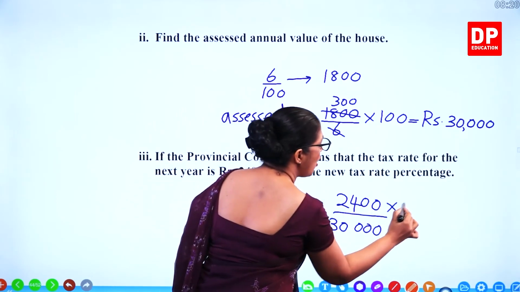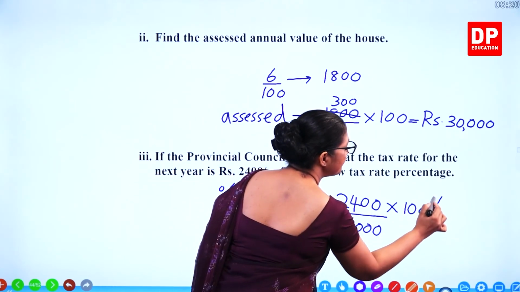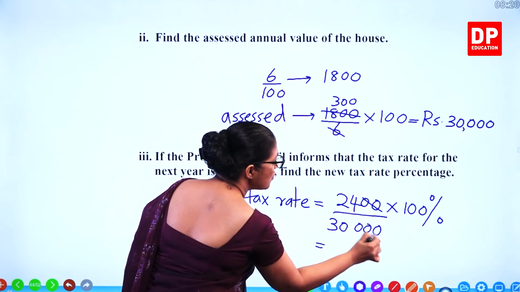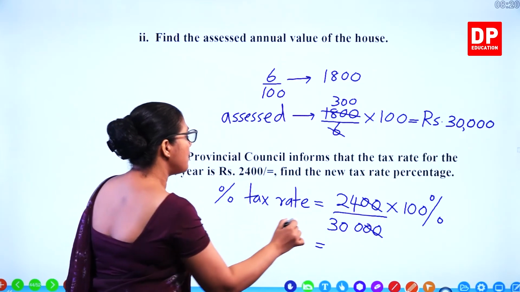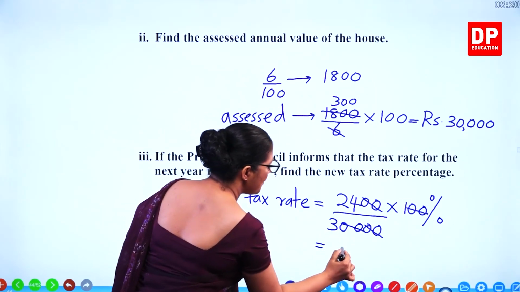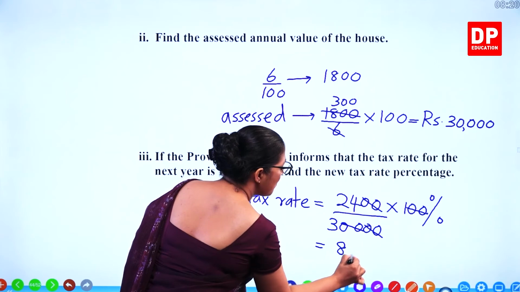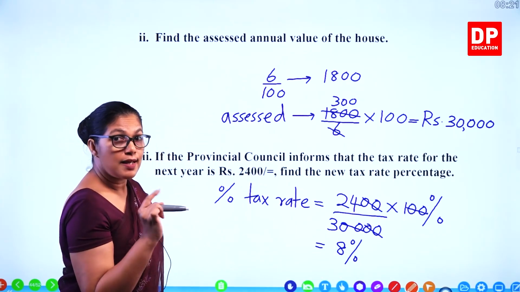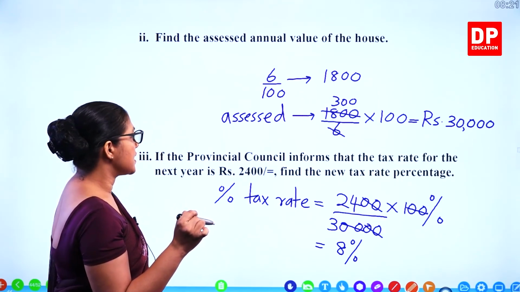Then what about 100%? Simplify, you get 2 zeros cancel out, and these 2 zeros with this one. So 24 divided by 3, that's 8% is the new tax rate. Earlier 6%, now it's 8%.